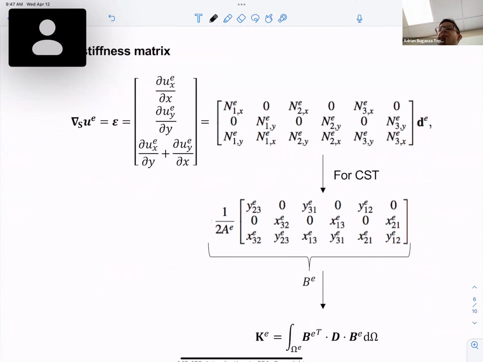So again, for the B matrix, you just need to trust this one, where y23 is just y2 minus y3 of the element, and so on.